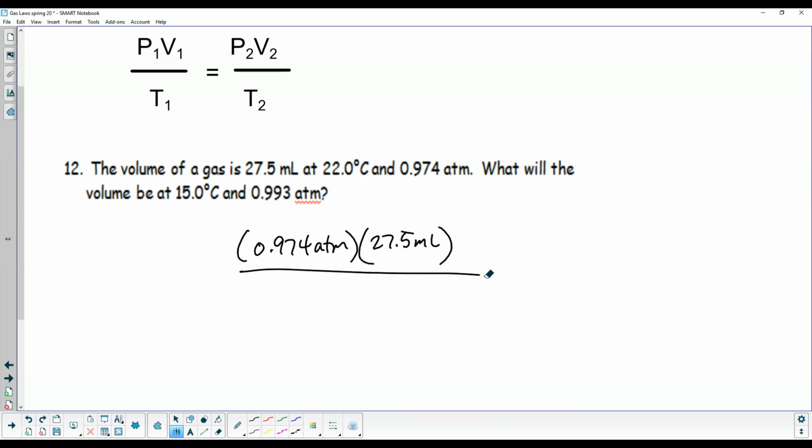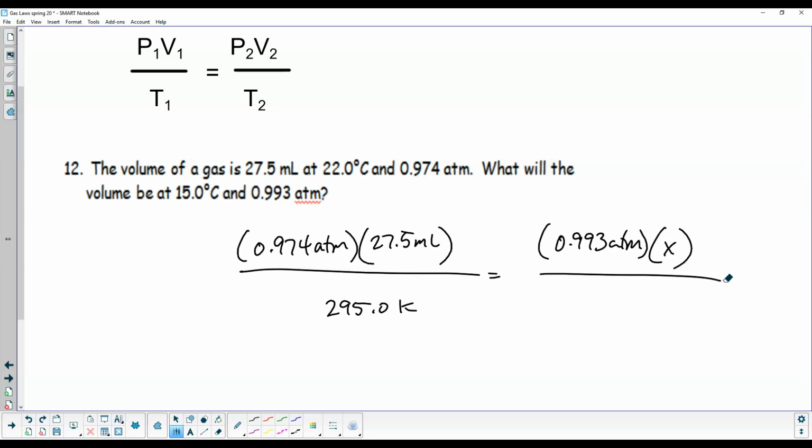The temperature has to be in Kelvin, so 22 plus 273 should be 295 Kelvin. And we want to know, the final pressure is 0.993 atmospheres. We're trying to solve for the volume, so we do not know that. 15 Celsius, 15 plus 273 should be 288 Kelvin.